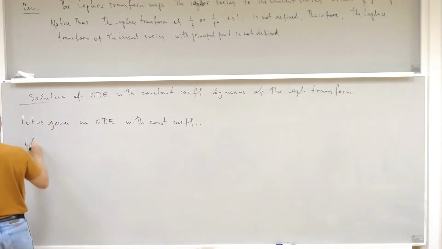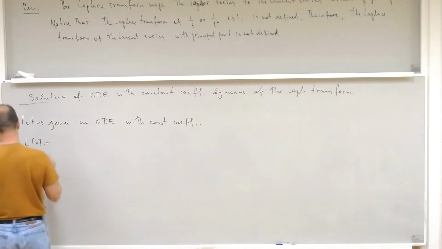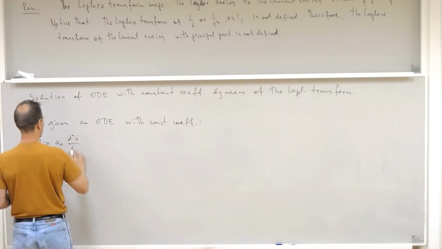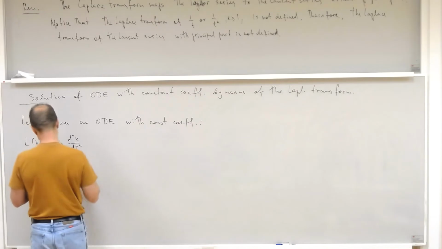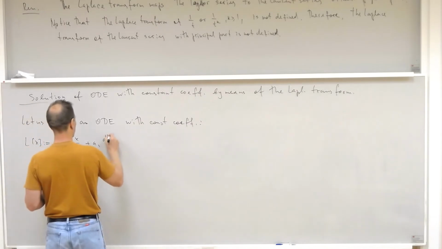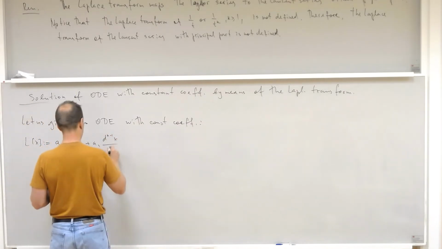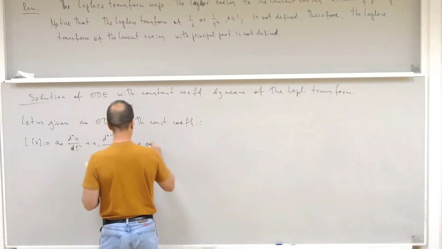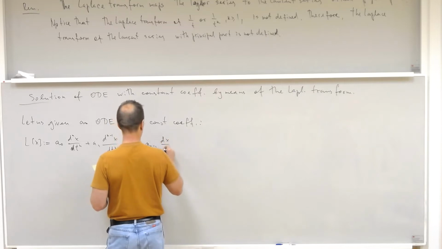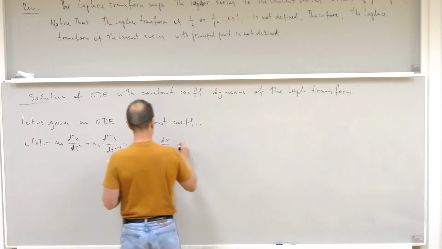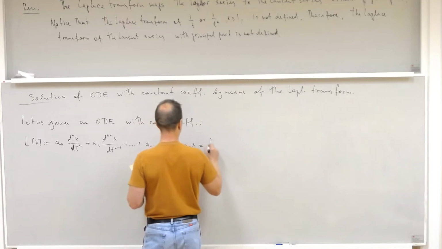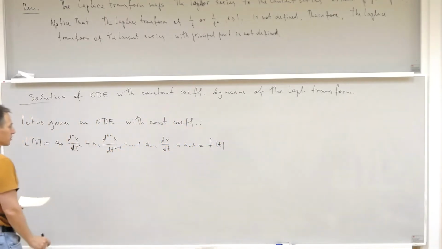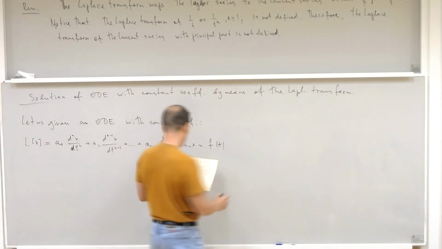The general form looks as follows. Generally it is inhomogeneous, so this f is not equal to 0.